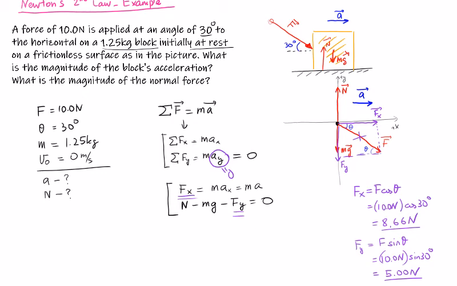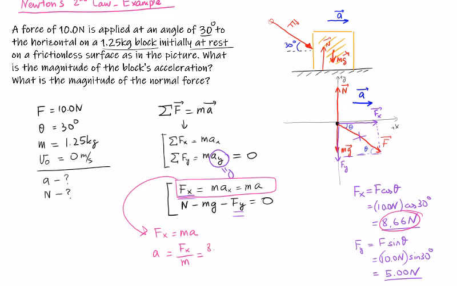Now going back and plugging the values into our equations. Remember, first we want to find the acceleration. Using the first equation here, I can say Fx equals ma, so a equals Fx over m, and Fx was 8.66 newtons.